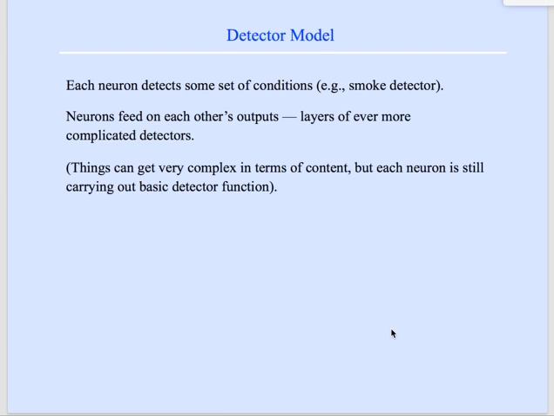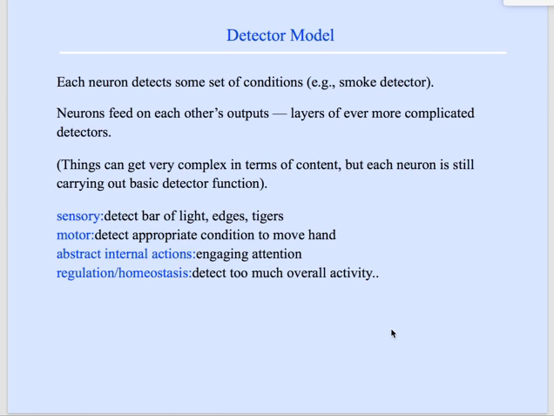Things can get very complex in terms of content. You know, we're talking about stories, language, pictures of animals, cats, things like that. But each neuron is still carrying out a basic detector function. It's just saying, I have a particular signal I'm looking for, and do I get that signal?